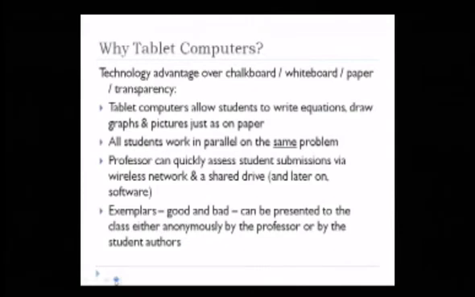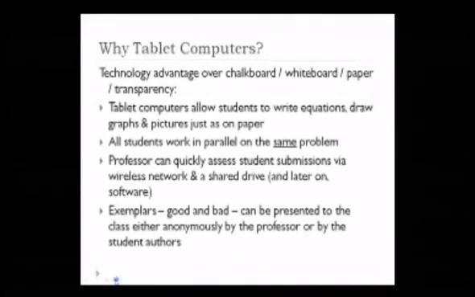But tablet computers mean that my students can actually write on the computer as if it's a piece of paper, and you can't really tell here. Yeah, we're going to have to unlock it, but at least I can show them. My students are doing this on their tablet computer, so it writes like a piece of paper.